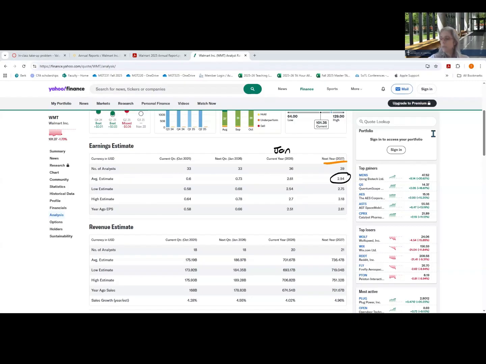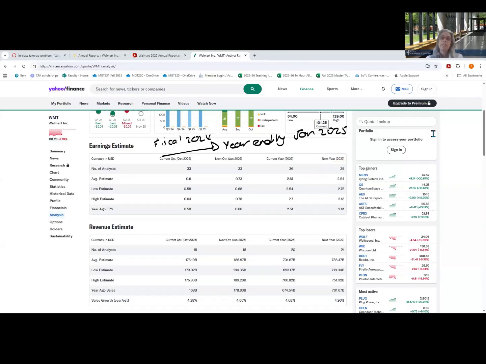Nordstrom will talk about their year as fiscal 2024, but what it actually will be is the year ending January 2025. That's just the way Nordstrom does things.